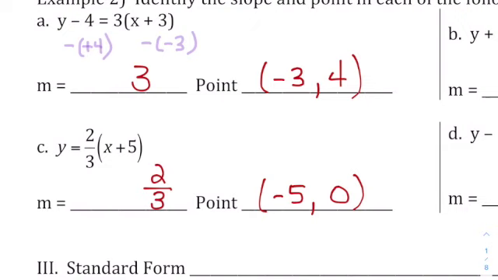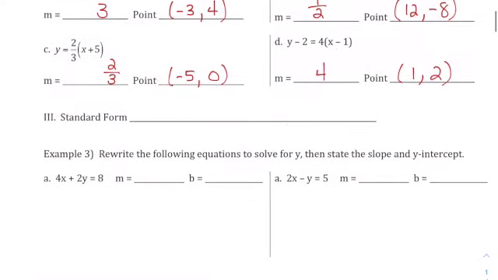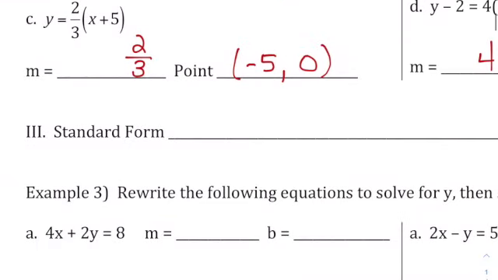And then please finish B and D and check back with your answer. And there's the answer for B and D. Going on, standard form is what they call it: ax plus by equals c, and a, b, and c are numbers.